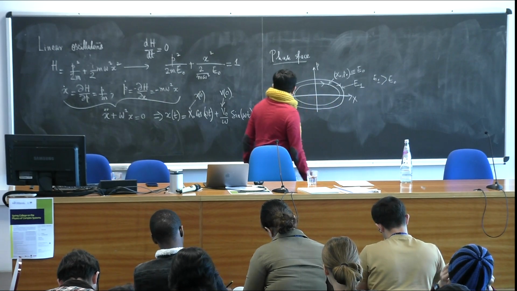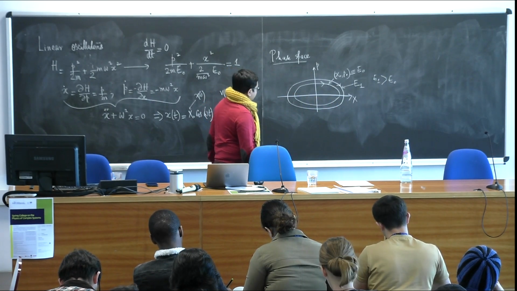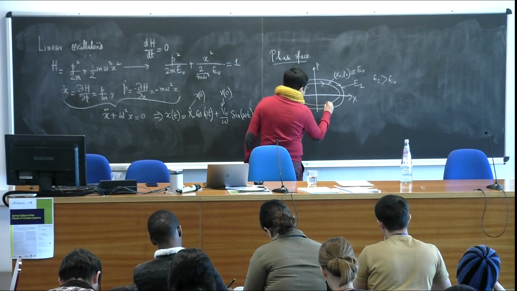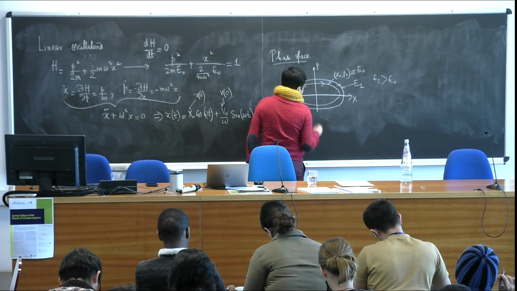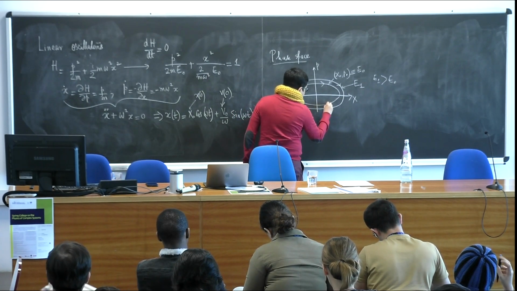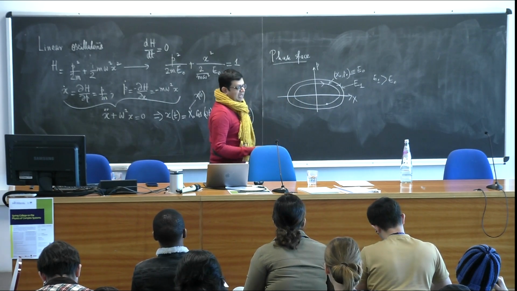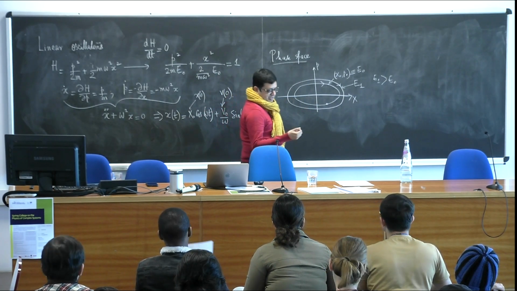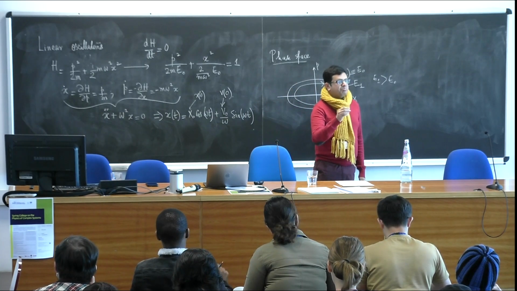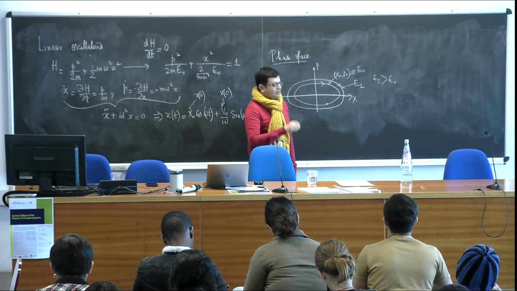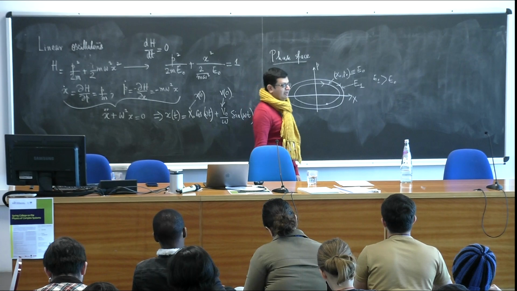But now I make an interesting observation, which is the following: suppose you are on this trajectory at this point. Okay, so you have a certain x value and a certain p value, and suddenly you give some energy to the system. Let's say you perturb the position of the particle, or you change the momentum of the particle, or you do both.